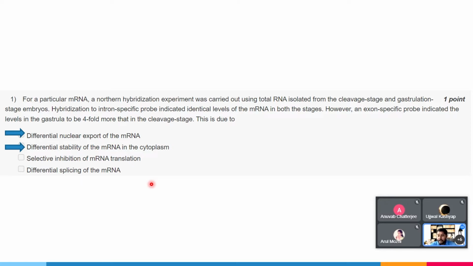It might be detecting the sequence where two exons are together. That is, after splicing, when exon 1 and 2 come together, the whole sequence will be detected by the probe. If that is the case, then only the mature mRNA can be detected, because in the nuclear RNA the intron is in between and the probe won't be able to hybridize and detect it.